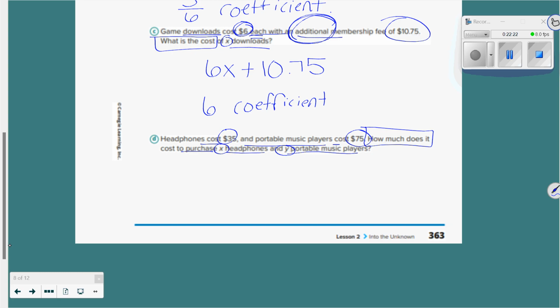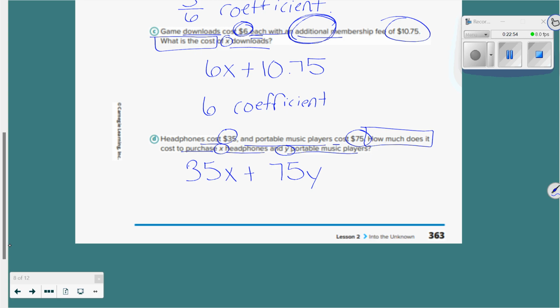Technically, it is correct. But mathematically, it is not. 35 times X plus 75 times Y.